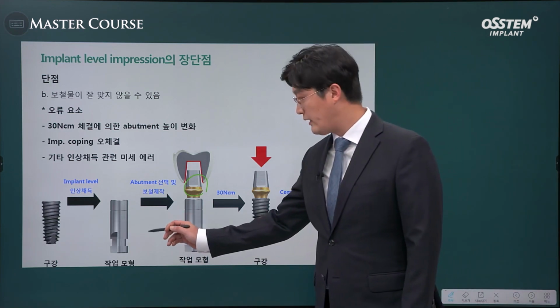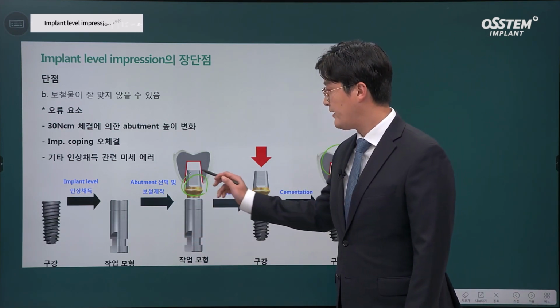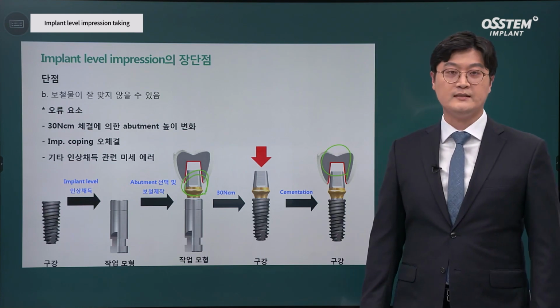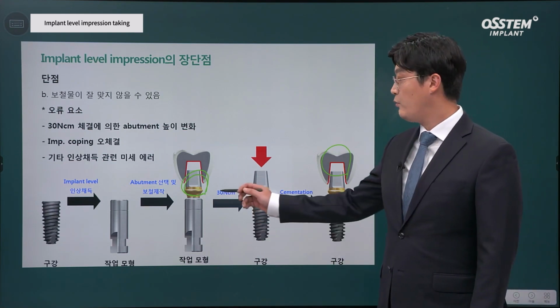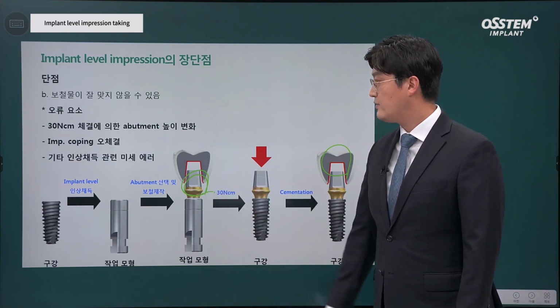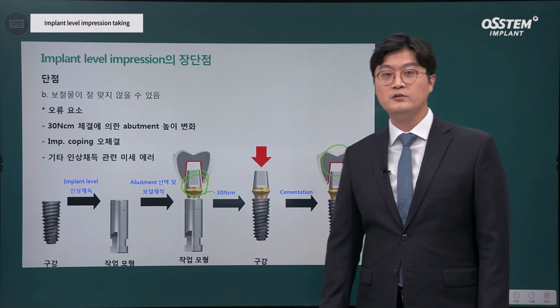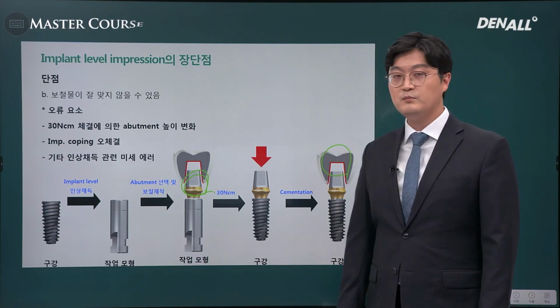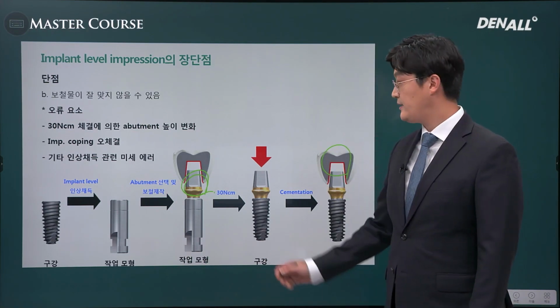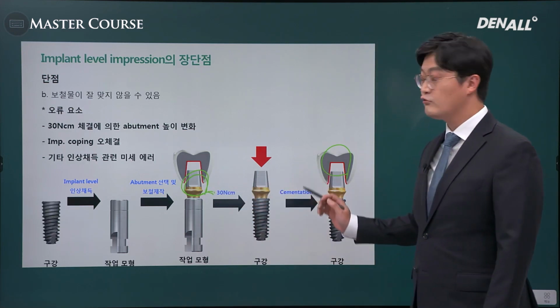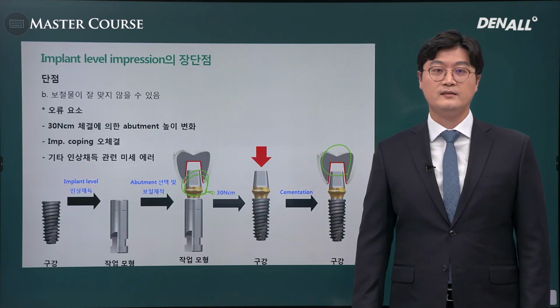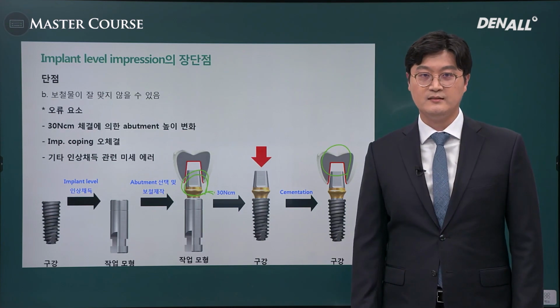Even if impression is properly taken, the prosthesis is fabricated with abutment put on the model. When they are connected on the model, there is a risk of lower occlusion depending on whether it is connected with 30 Newton centimeters or just by hand.